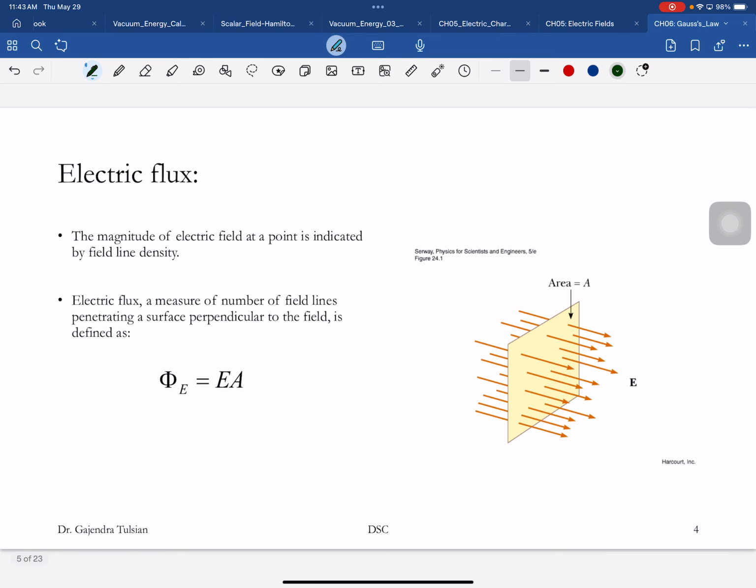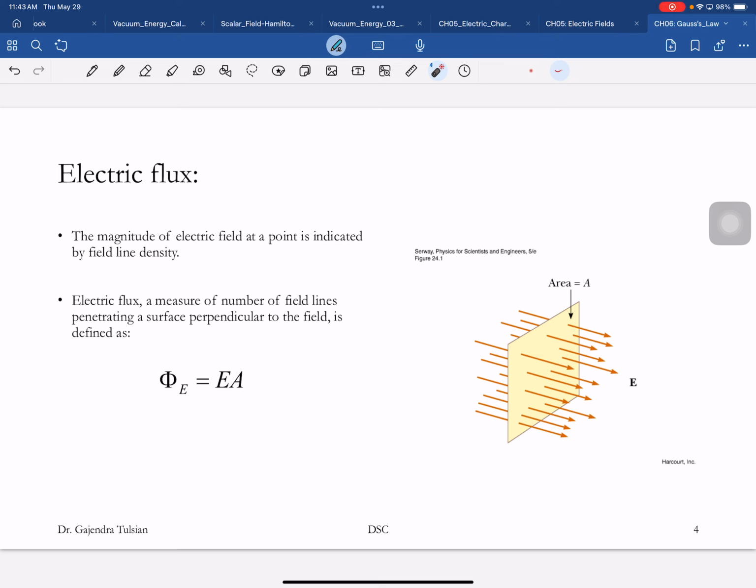Well, now we're going to do the same thing with electric fields. What we want to know is the following. So here's electric field in this region. Do you remember how we chose to draw stronger fields?